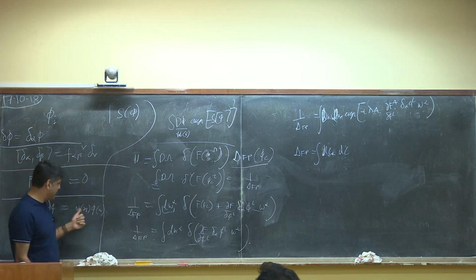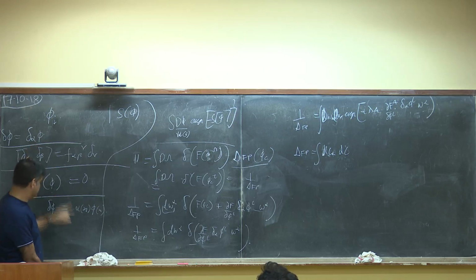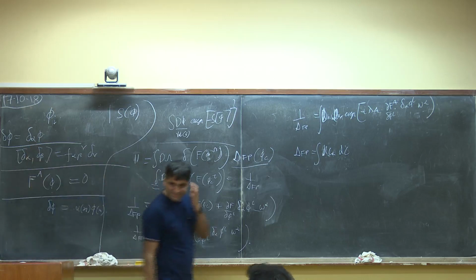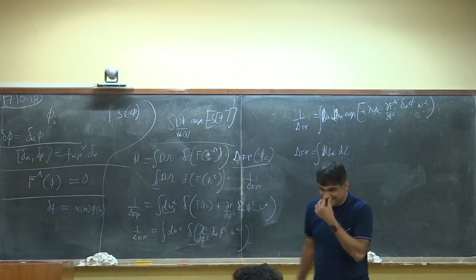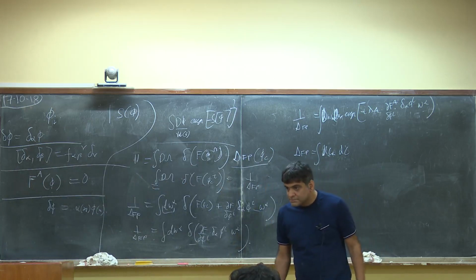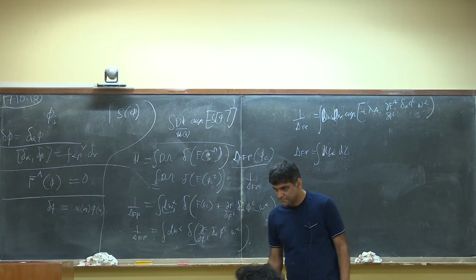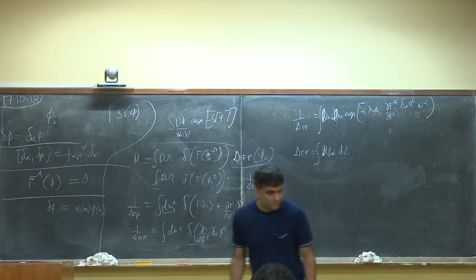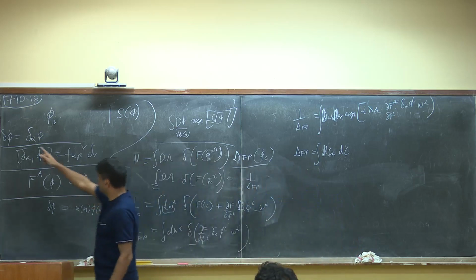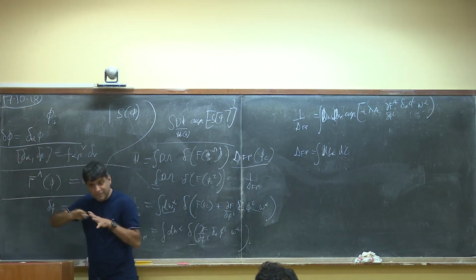There's an infinite number of parameters here, infinite number of alpha variables, labeled by which point x. And the number of alpha is the dimension of the gauge group times the number of points in space-time.